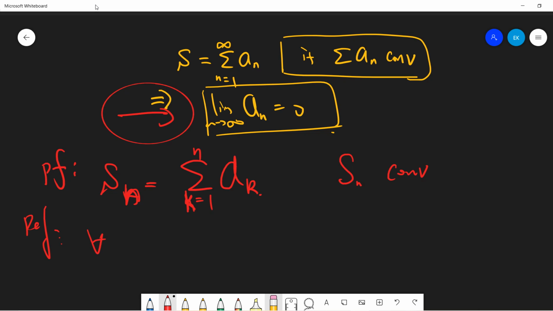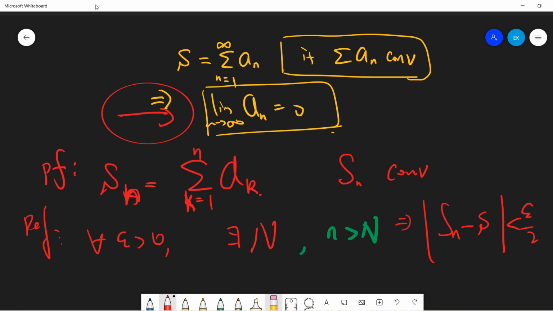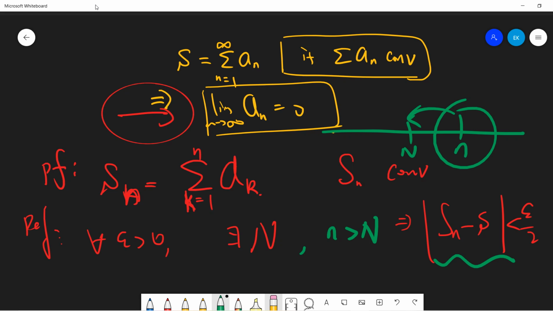That means for all epsilon greater than 0, you can find an integer N such that when n is greater than N, then you must have S_n minus the limit, let's say the limit is S, so |S_n minus S| is less than epsilon. So I choose epsilon divided by 2. That means there exists an integer N such that for every n greater than N, you always have this condition.